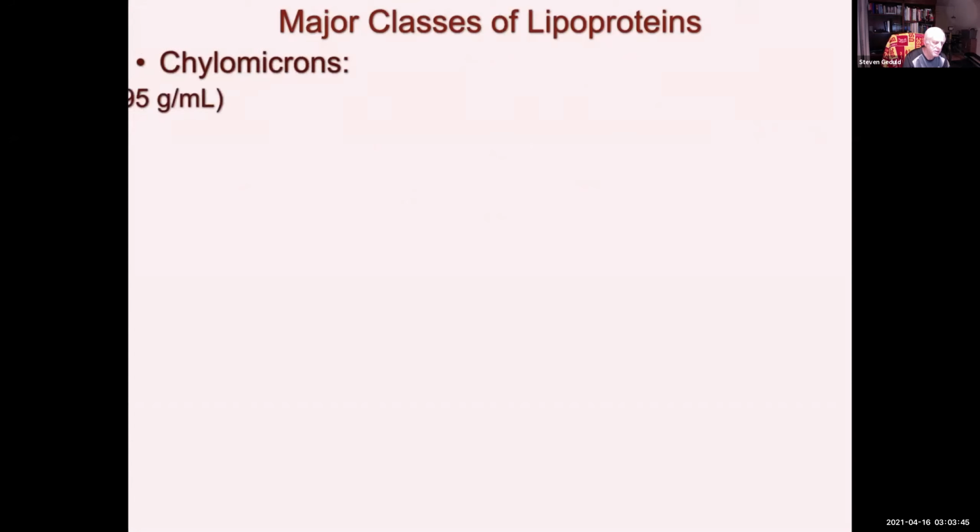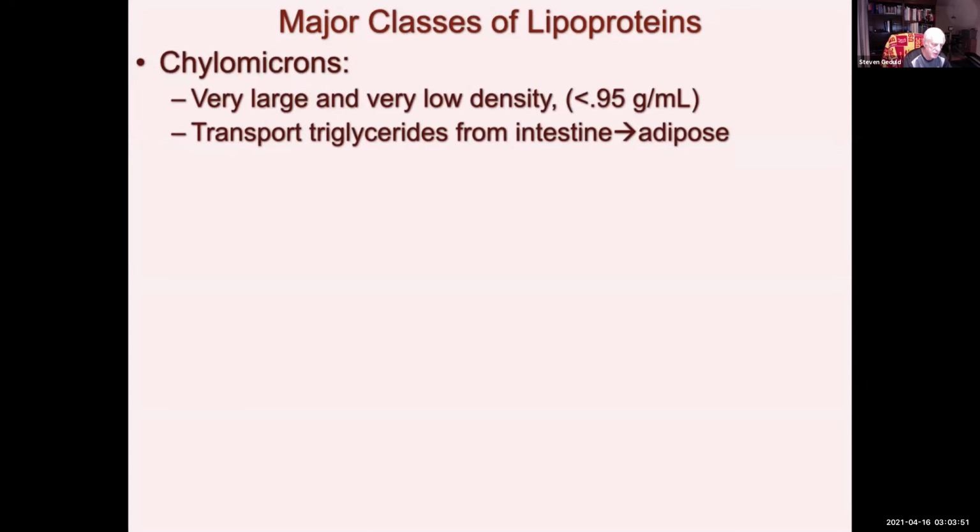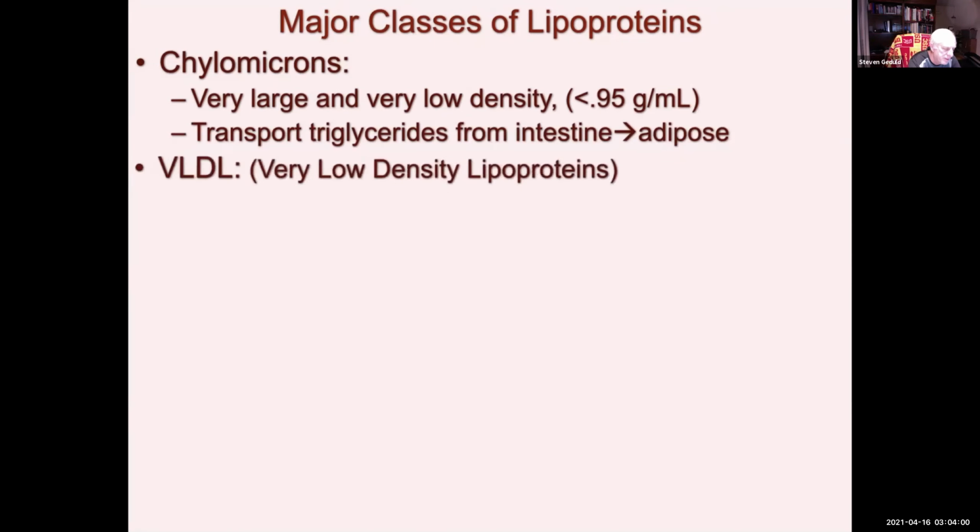Okay, so chylomicrons. Chylomicrons are very large and very low density, less than 0.95 grams per milliliter. They transport triglycerides from your intestine to adipose tissue, to your fat tissues. That's where it moves it from.